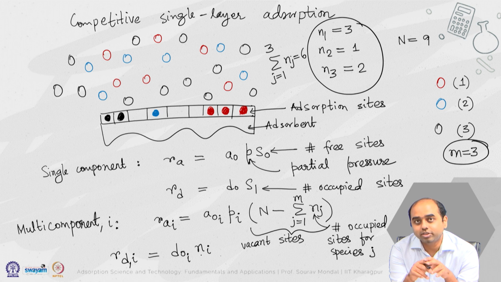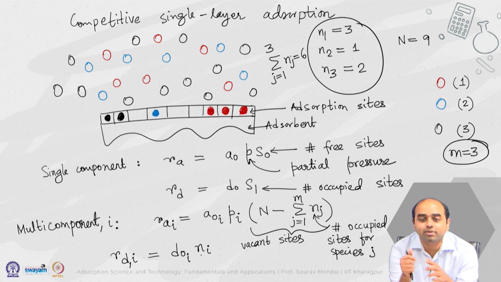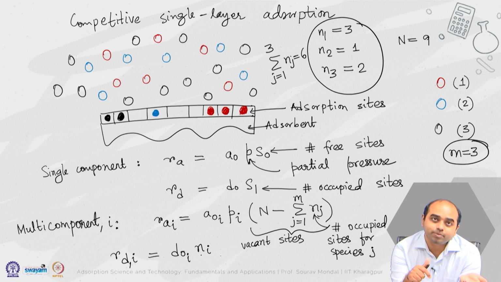So, the occupied sites by the black molecule will play a role in predicting the rate of adsorption for the red species, because the red species can only occupy the vacant sites, and the vacant sites depend on the level of occupancy by the other species.